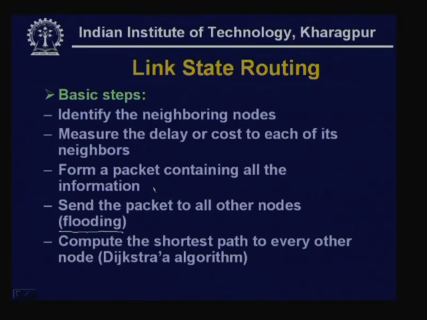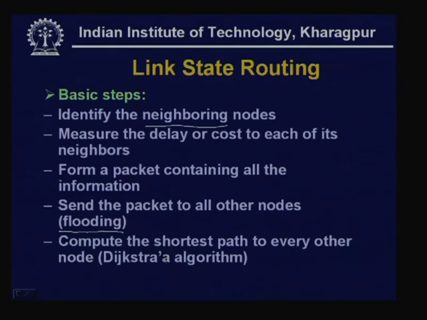So, here although information gathering takes place only from the neighboring nodes, the distribution of information takes place to all other nodes. Then compute the shortest path to every other node by using Dijkstra's algorithm.